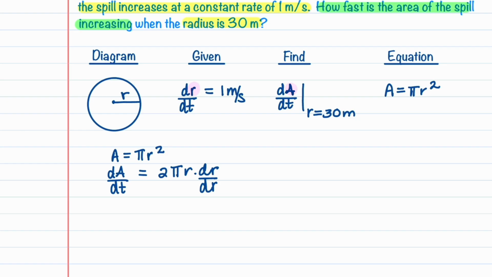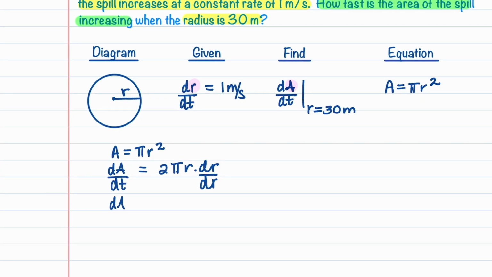Both of these quantities are functions of time. Now we want to let our radius be equal to 30 meters. So we're going to find dA dt when r is 30 meters. So this is 2 pi times 30 meters times dr dt, which we are given, and we are told that that is 1 meter per second.